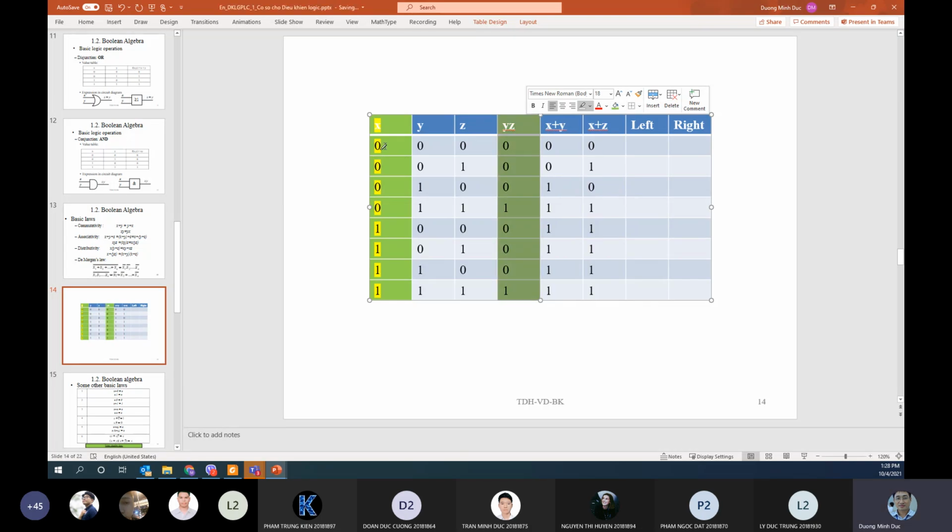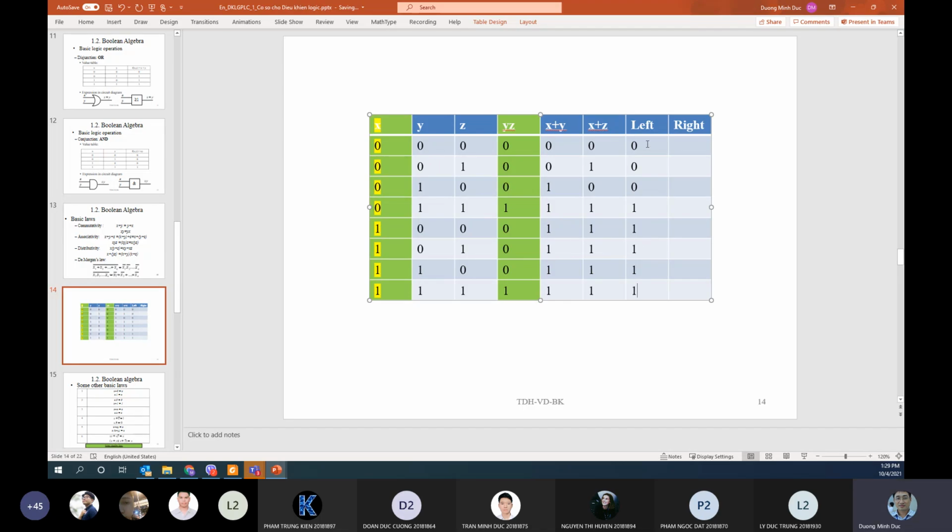Okay, so the left side is x plus yz, so 0 and 0 is 0, 0 and 0 is 0, 0 and 0 is 0, 0 and 1 is 1, and from the last four cases x equals 1, so all the results are 1.